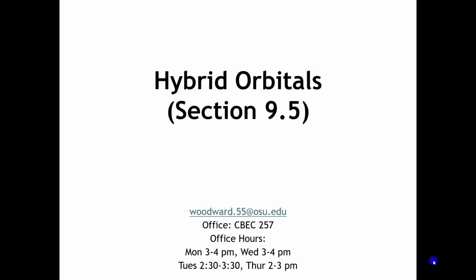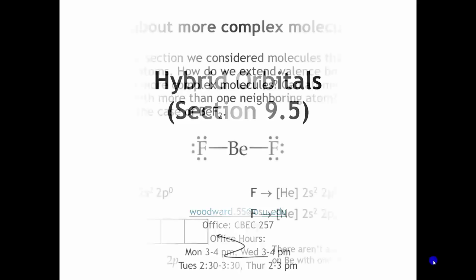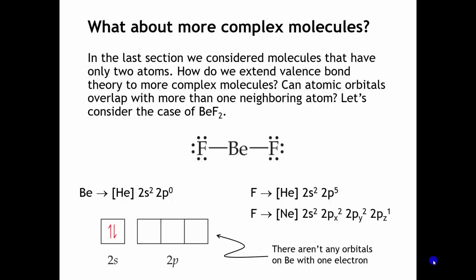Now that we have the basic idea of orbitals overlapping to give us a bond, let's consider the situation in more complex molecules. And to do so, we're going to have to introduce something called a hybrid orbital. Let's increase the complexity just a little bit, going from a diatomic molecule to a molecule that has 3 atoms.